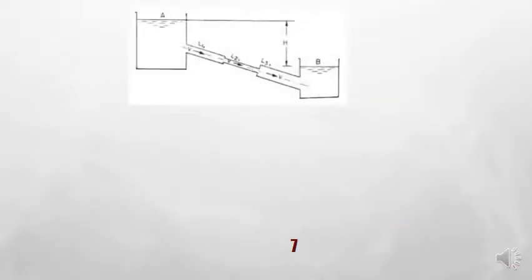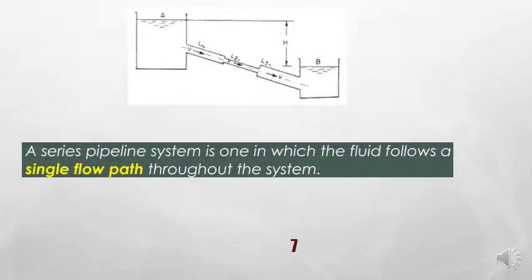If you look at the picture here, it shows one example of an arrangement of pipes in a series pipeline system. So what is the series pipeline system? Basically, in a series pipeline system, the fluid flows along a single flow path throughout the system.